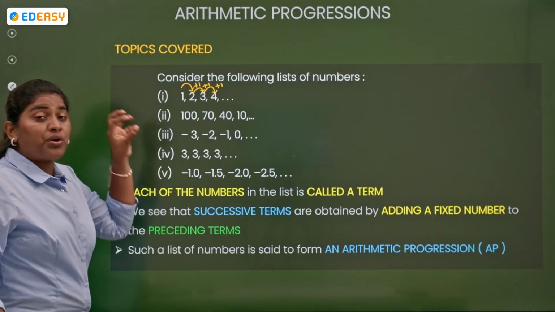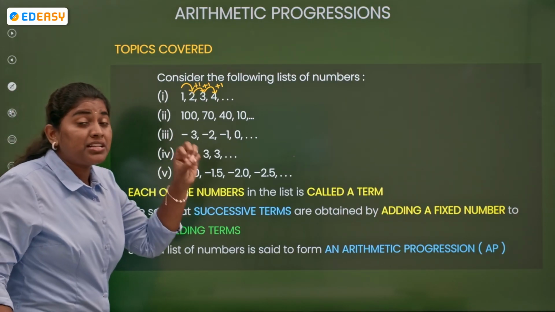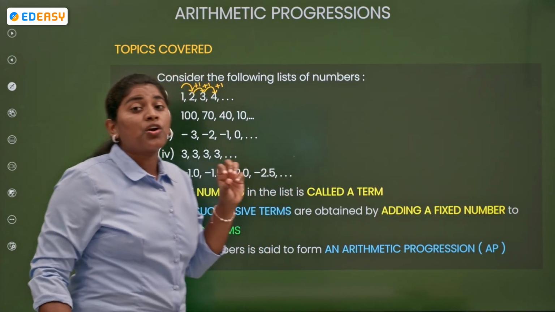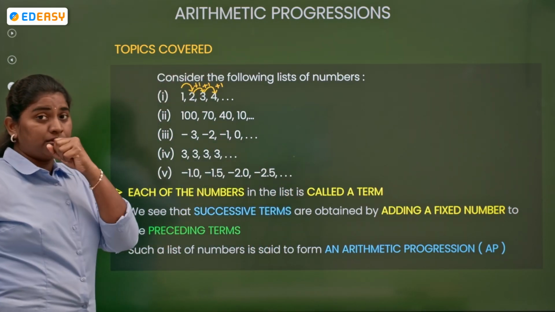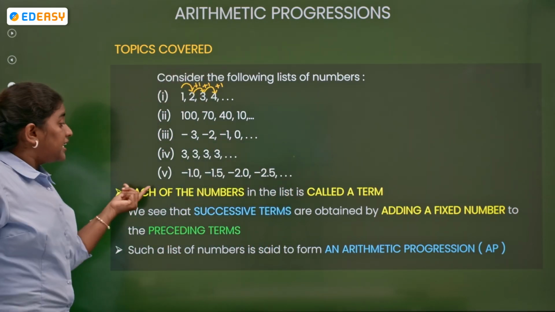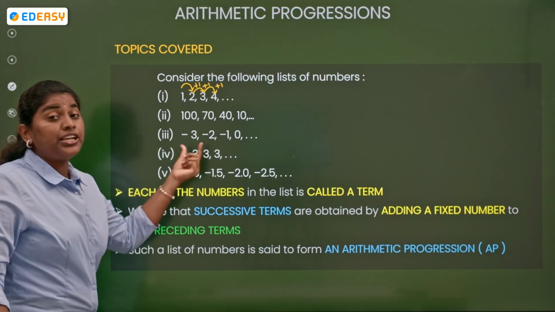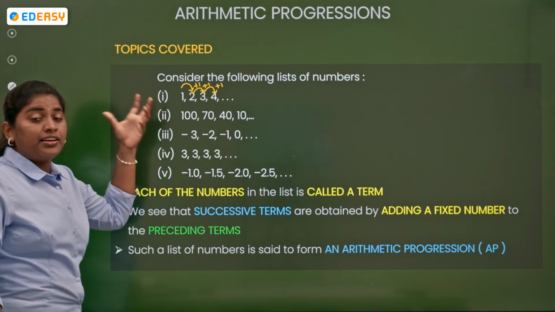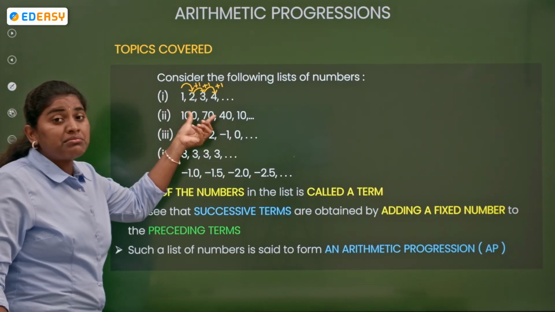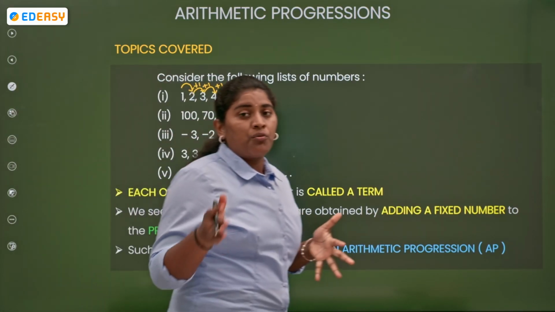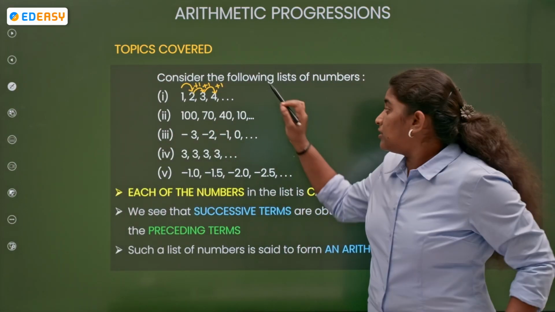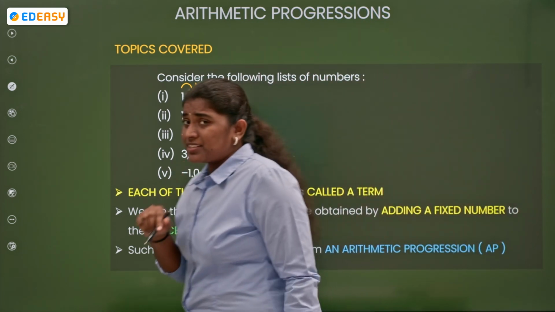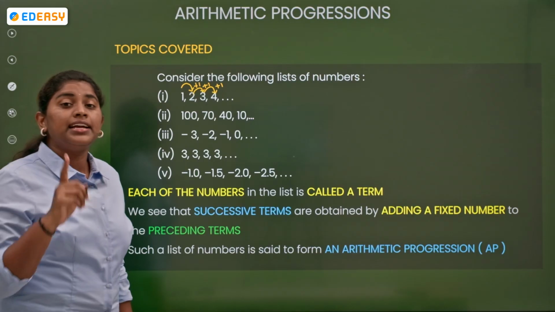Understood? And what about the number? The same number that we are adding to the previous numbers will become your common difference. Now, each of the numbers in your list is called a term. If I take my list of numbers as 1, 2, 3, 4, those numbers are the terms of your list.